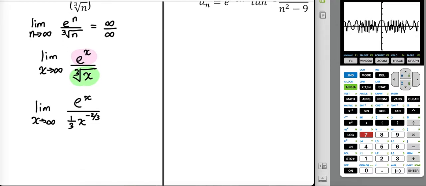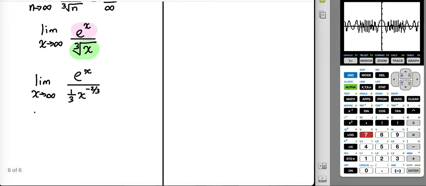So a little keep change flip action. Limit as x approaches infinity. 1/3 becomes the 3, e to the x, and then we would have x to the 2/3 power, because that negative exponent is going to shoot that x to the negative 2/3 up to the bottom, in addition to the 1/3.